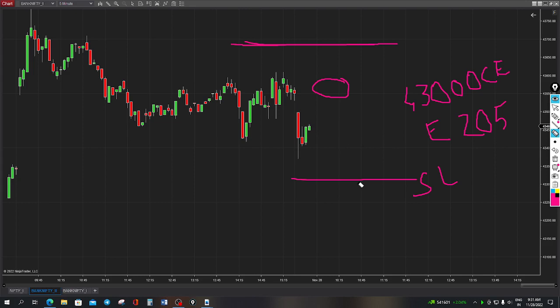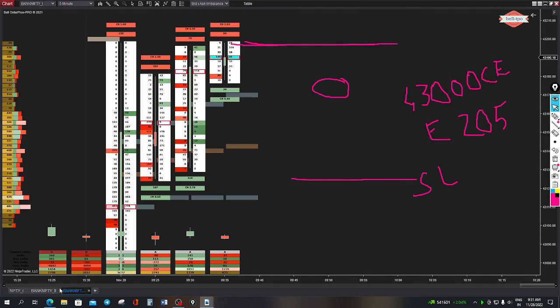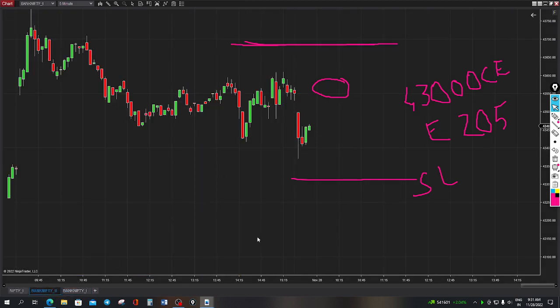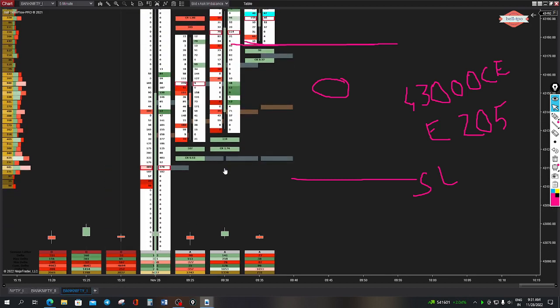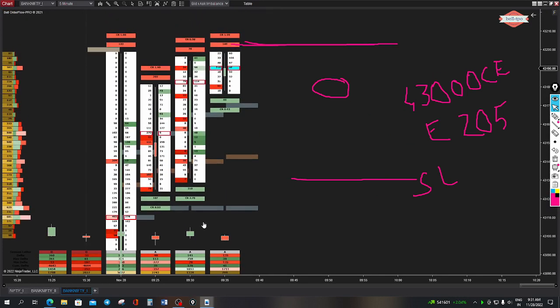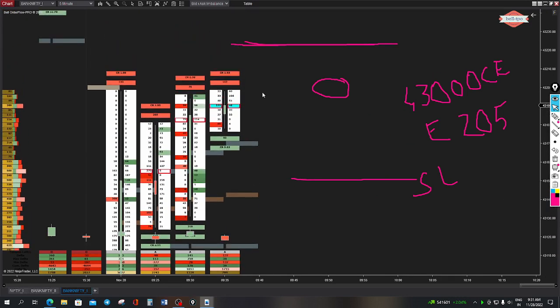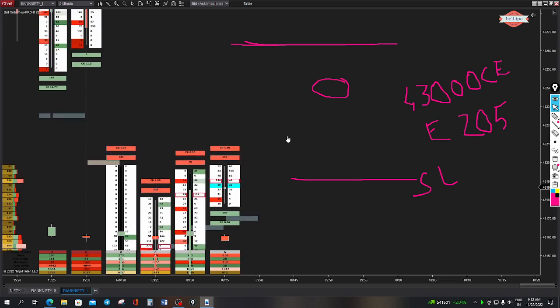It's a plain candlestick chart. See, the first candle is showing as red here, whereas here it is showing as green. If it breaks this point, there will be a quick bounce to around this point.